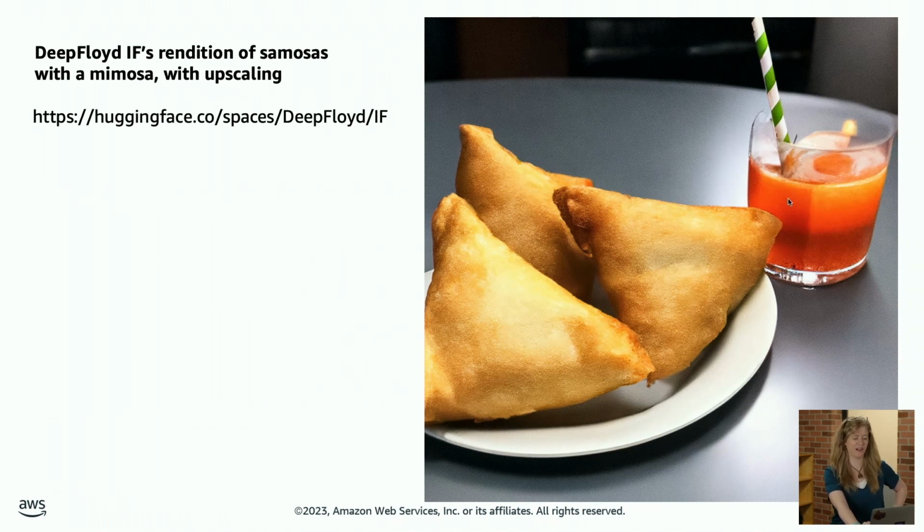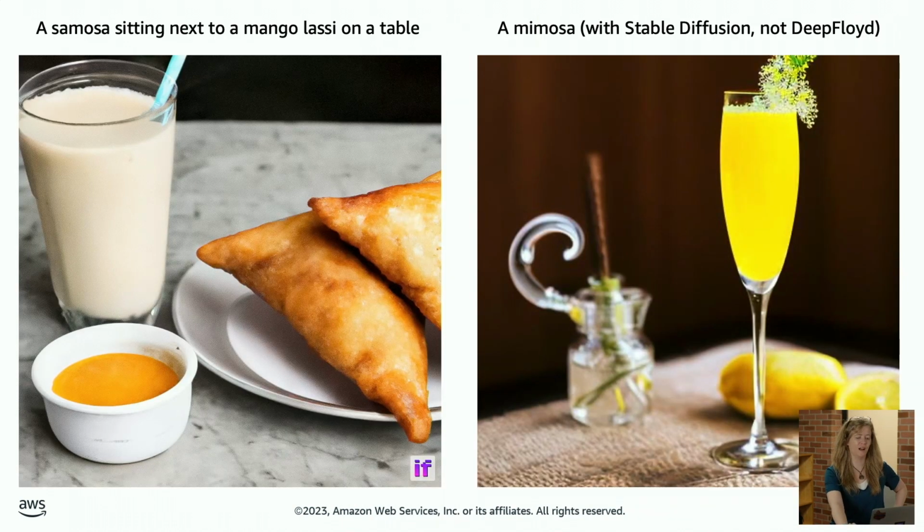And so I was curious about this. And for me, I was able to get better performance when I separated them out. With this particular model, Deep Floyd, it didn't seem to understand novel concepts and putting them together. It was much happier when you took novel concepts and kept them apart. So it's not common for mimosas to appear with samosas.